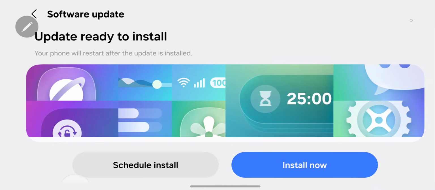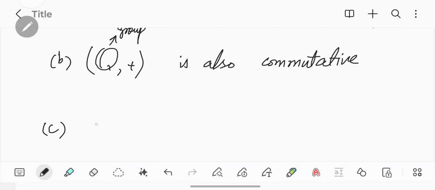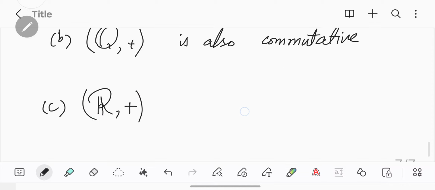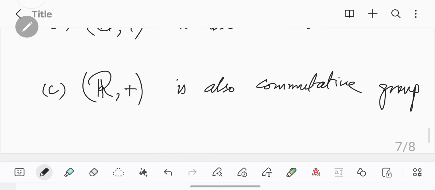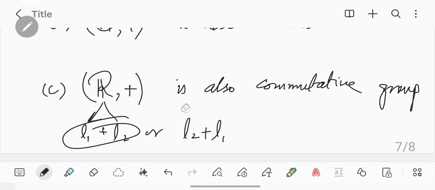Similarly, if you take the group of real numbers with respect to addition, this is also a commutative group, because if you add any two real numbers L1 and L2 this way, or you add L2 plus L1, you will end up with the same result in both cases.